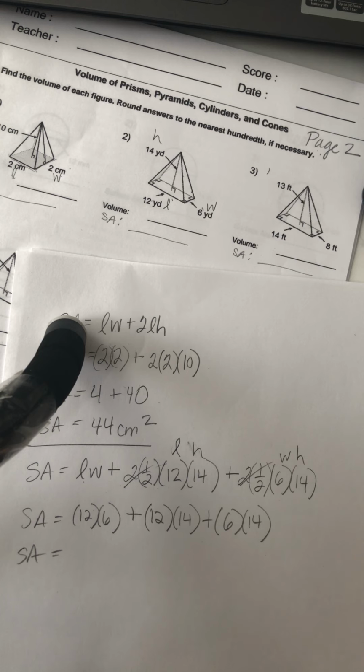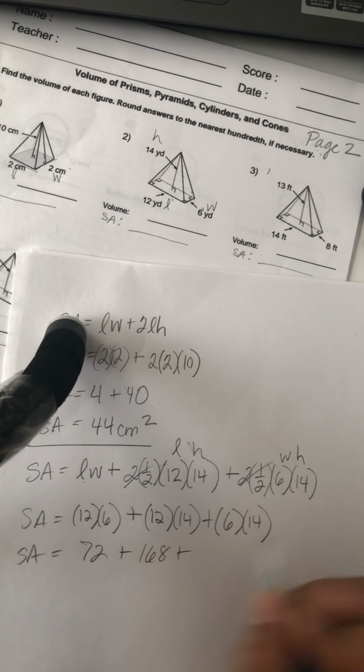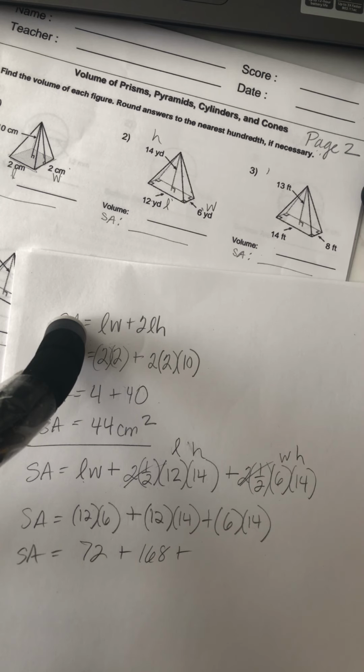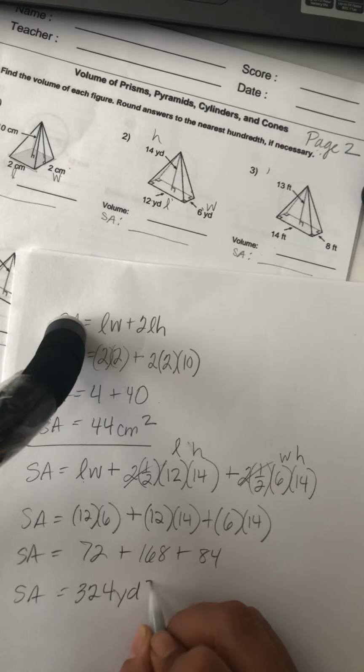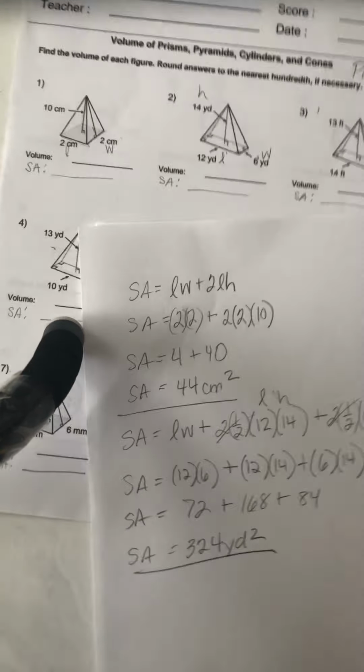So surface area equals 72 plus 168 plus 84. 168 plus 72, which equals 324 yards squared. All right, so I hope that made sense.